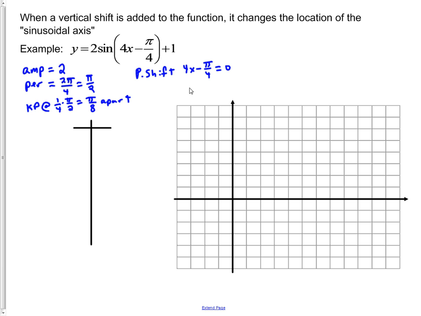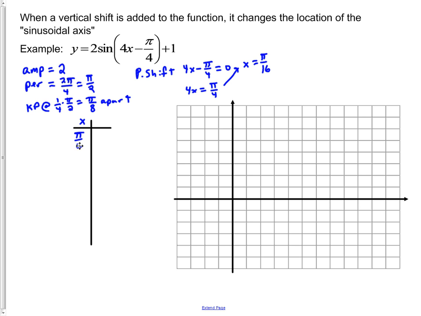Well, in this case, 4x equals pi over 4, meaning that my phase shift, x, is going to be pi over 16. And this means it's going to go to the right because we've got the subtraction right here. Our starting value on our x-axis for one cycle will be at pi over 16.